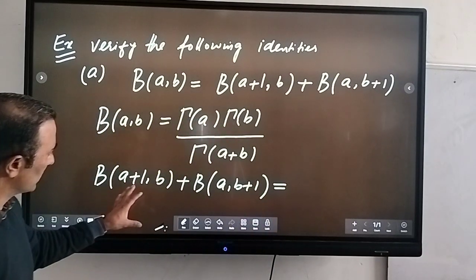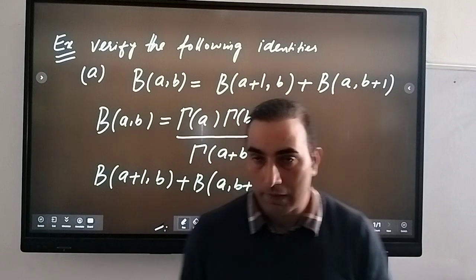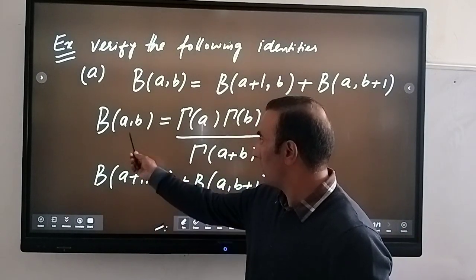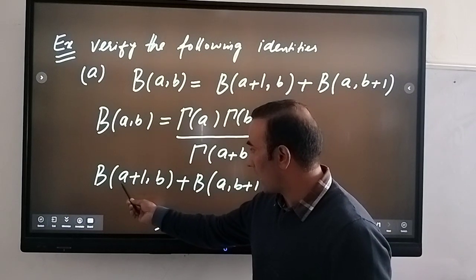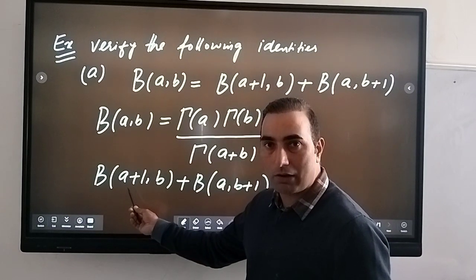I can rewrite this, because instead of a we have a plus 1 and b is the same. So I can use beta of m, n, with a replaced by a plus 1.